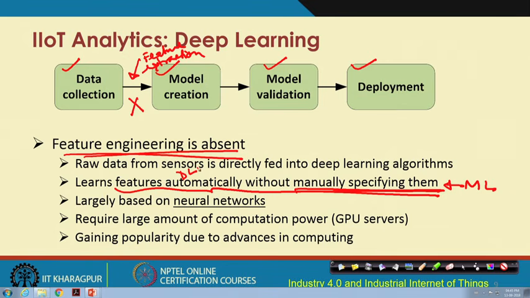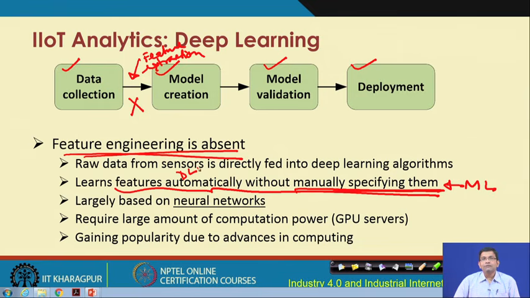Methodologies such as deep neural networks are quite popular, and because of the structure of these deep neural networks and similar methodologies, what is required is large amounts of computation power, the computational infrastructure which runs these algorithms.